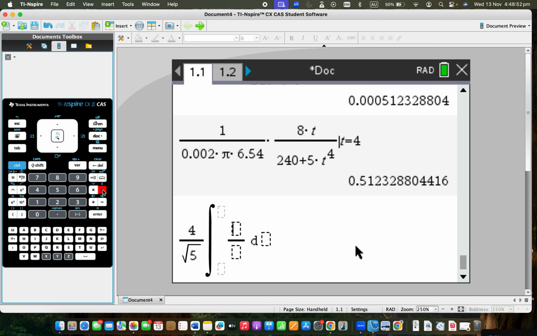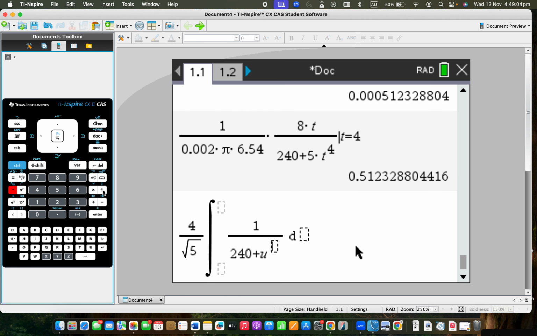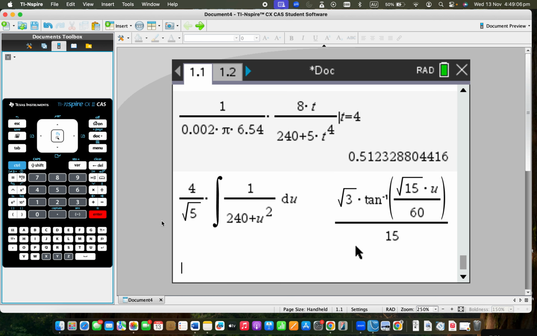One on 240 plus u squared du. Okay, so that's root 3 on 15 arctan of root 15 u over 60.